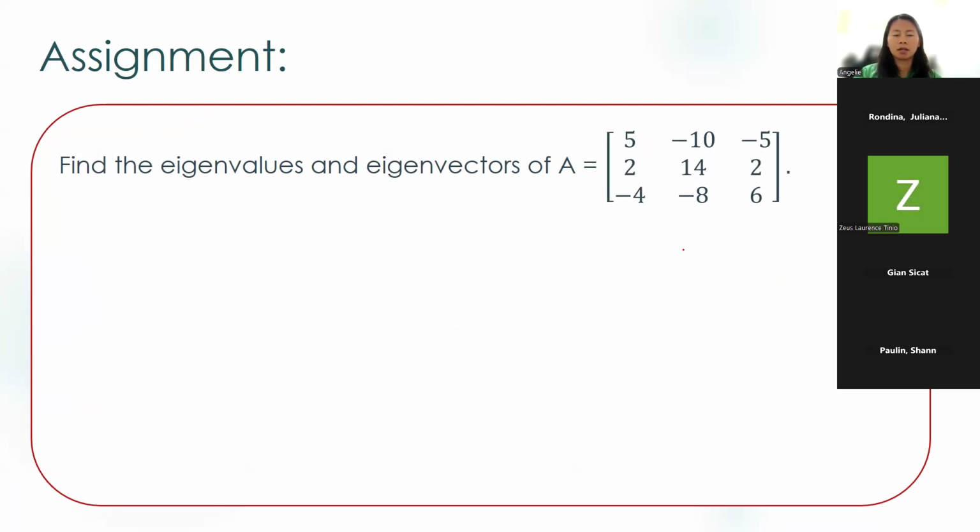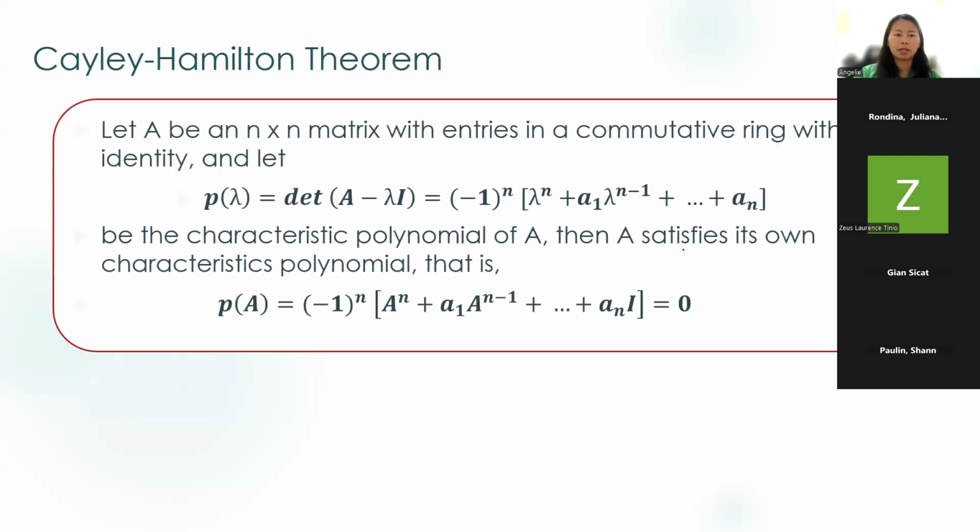Okay, so this example earlier is 2 by 2. We have two eigenvalues. For 3 by 3, possibly 3 eigenvalues. Okay, so you practice this one also. Now let's proceed with the Cayley-Hamilton theorem. So this is just related to eigenvalues and eigenvectors, no?